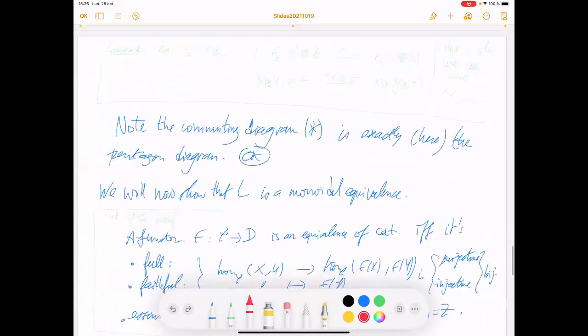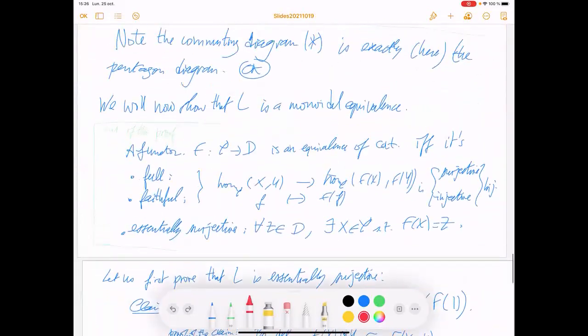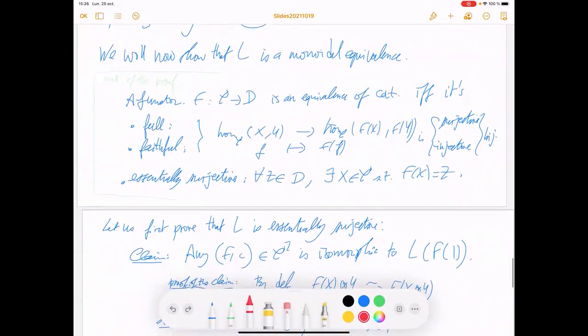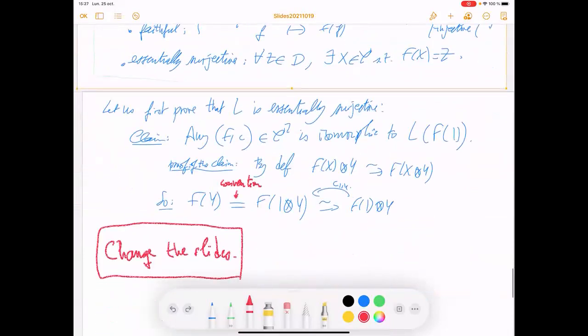So we want to prove L is a monoidal equivalence. As I said last week also, a functor is a monoidal equivalence if it satisfies these three properties: full, faithful, which correspond to surjective and injective on the morphisms, and essentially surjective, which is on the objects.